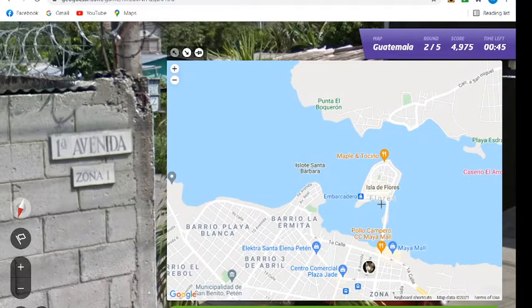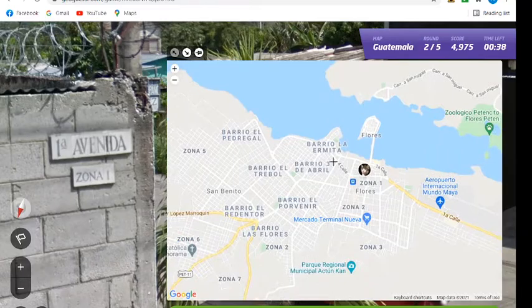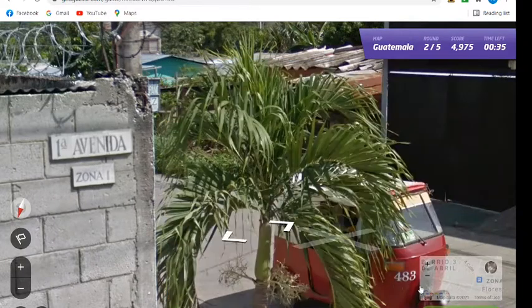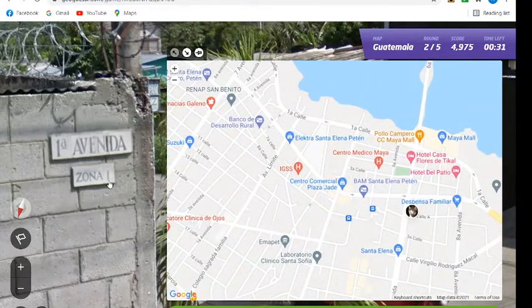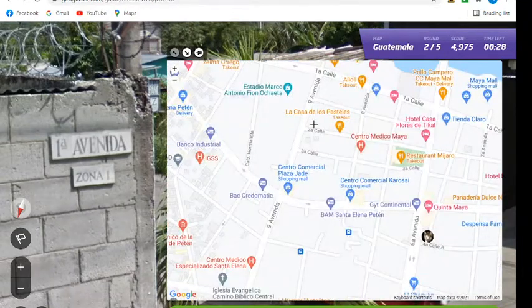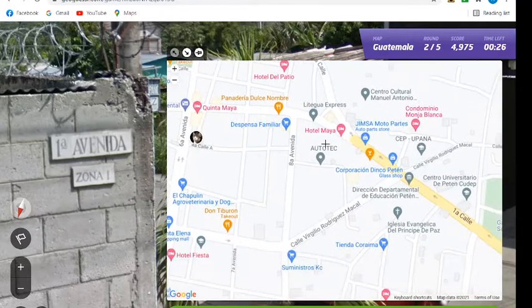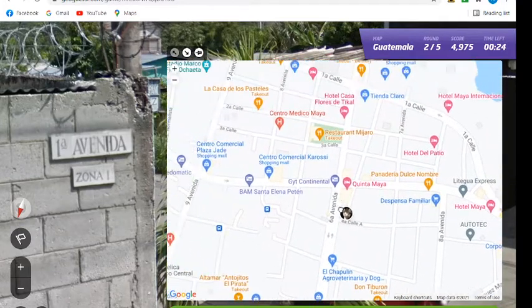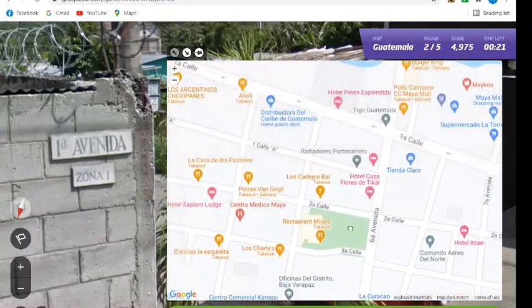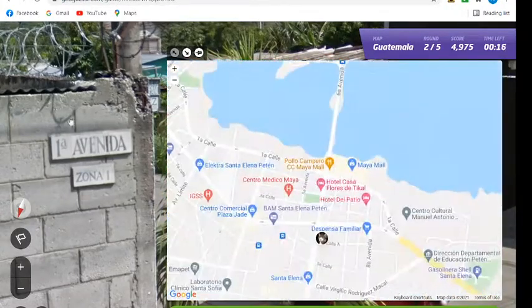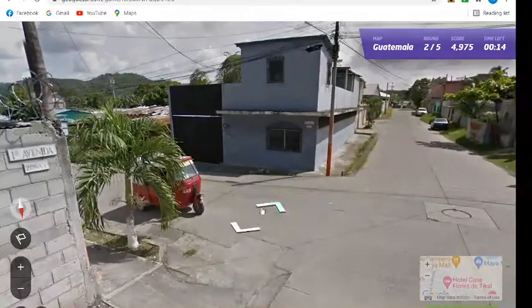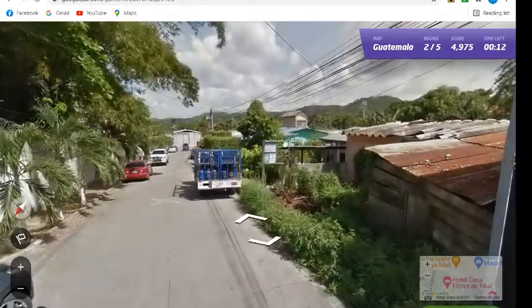Obviously this is a Spanish name, but there was a Mayan settlement on this island. Oh, Zona Uno, right? Zone one is over here. Okay, so then I have, yeah, and now I'm wondering if maybe I have the wrong town. Okay, well, let's keep looking around.